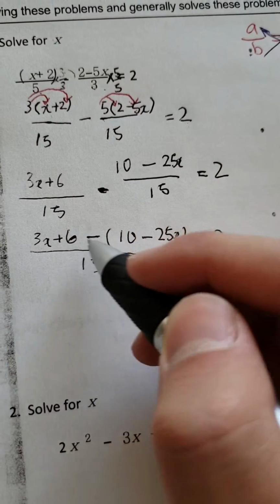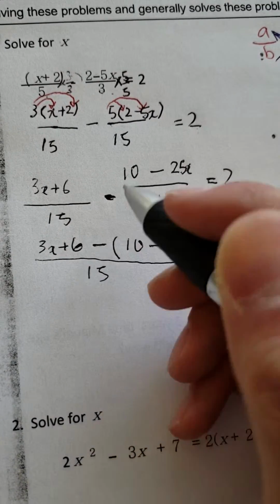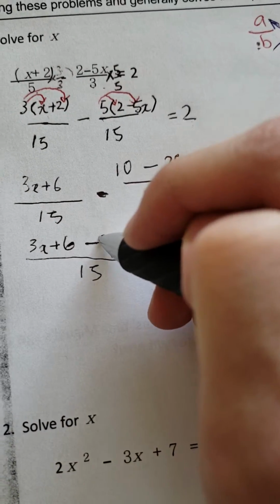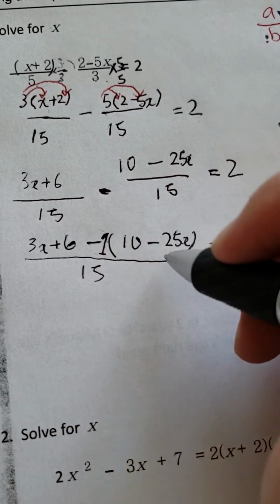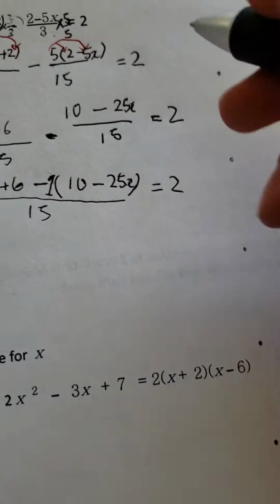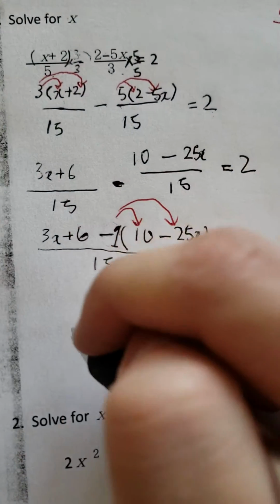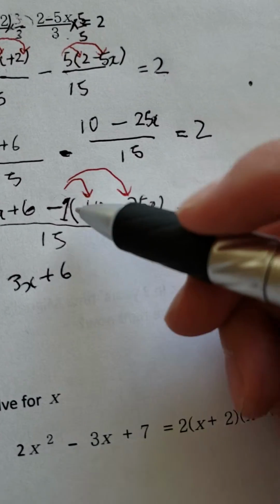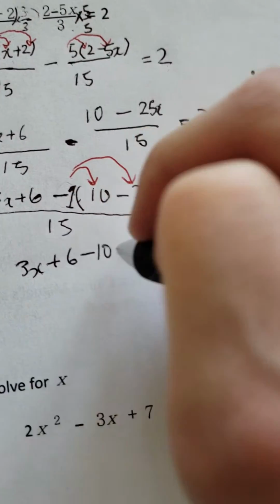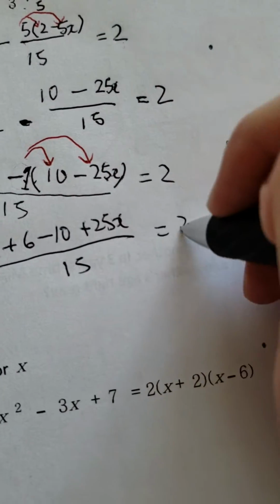Before we do more calculations, we need to expand this out, because this is the same thing as having minus 1 here and multiplying it to both terms. So if we simplify that, it's 3x plus 6 minus 10, and then minus 1 times minus 25x is plus 25x. Then you have over 15 equals 2.